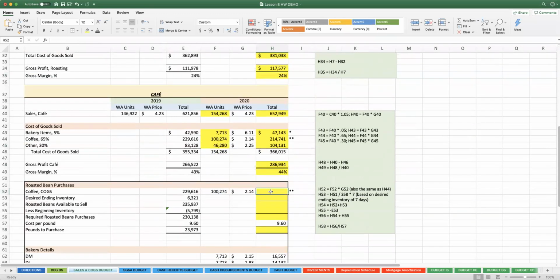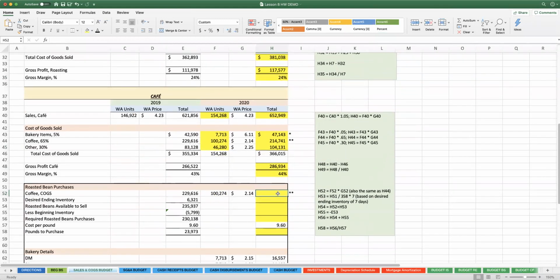Now this one here is just some extra work for us to focus on that desired ending inventory that we're going to need. Remember, our assumption is we're going to have 7 days of that inventory on hand. So multiply across, there's our quantity for the coffee, right? We're just working on coffee times the cost of the coffee.